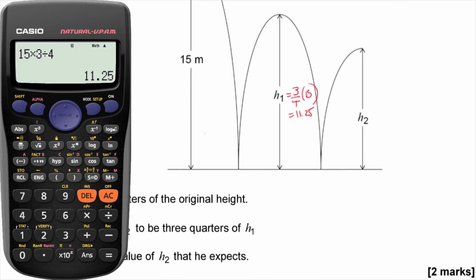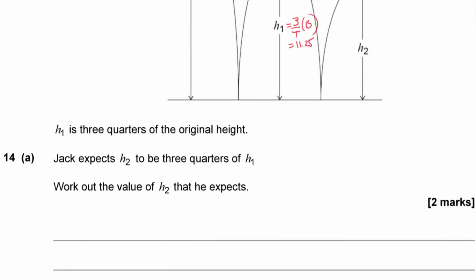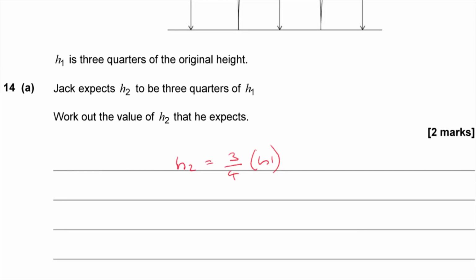Okay, and then Jack expects h2 to be 3/4 of h1. Work out the value of h2 that he expects. Okay, so then h2, if it's 3/4 of h1, we just worked out that that was 11.25.